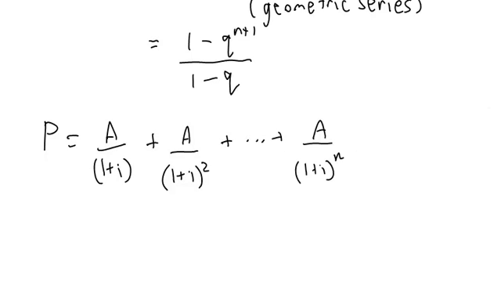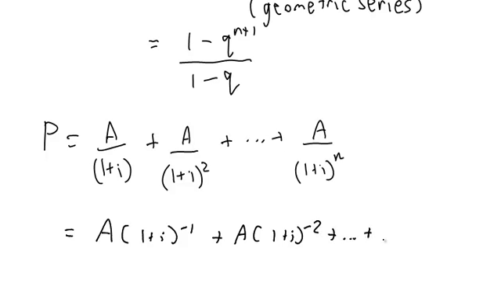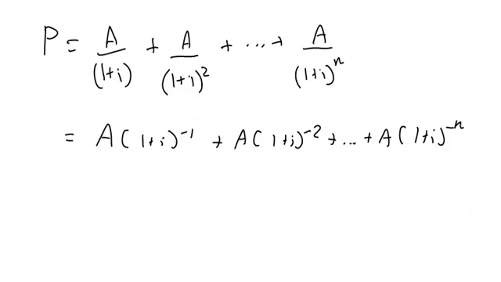Firstly, if I rewrite all of these with negative powers, a times 1 plus i to the negative 1 plus a times 1 plus i to the negative 2 plus a times 1 plus i to the negative n, then I can notice that if I happened to choose my q to be 1 plus i to the power of negative 1, then this would be like a geometric series.